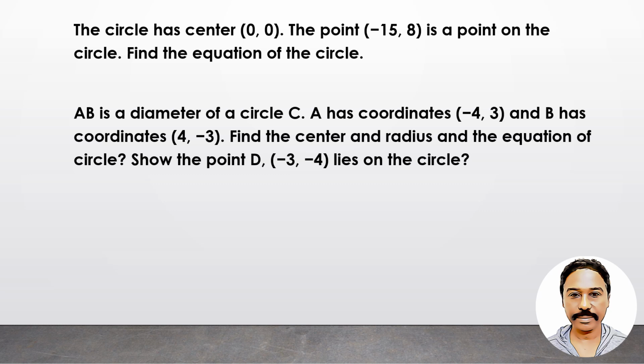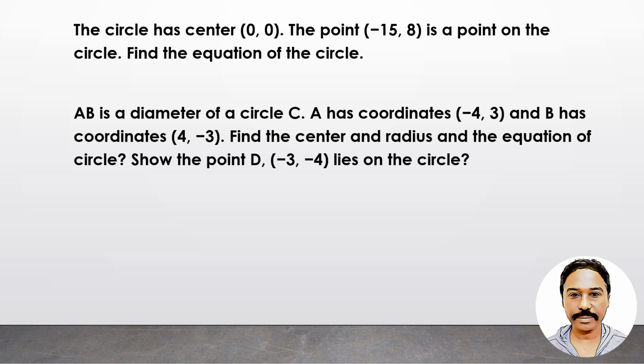Yes, if AB is a diameter, that means the distance between these 2 points gives us the full diameter of the circle, which is 2 times the radius. So you find the distance between the two points, divided by 2, and that will give you the radius.